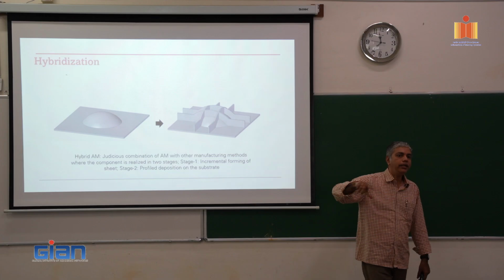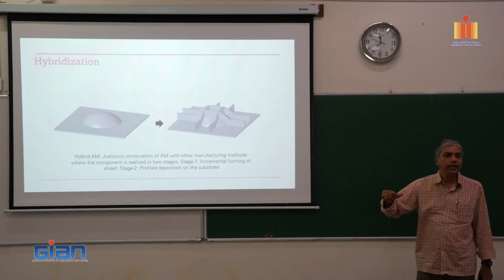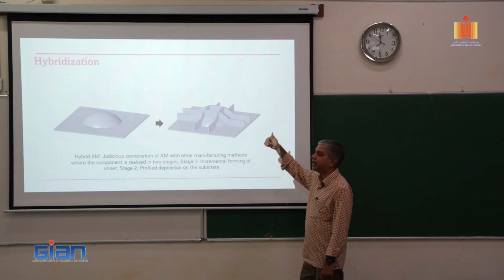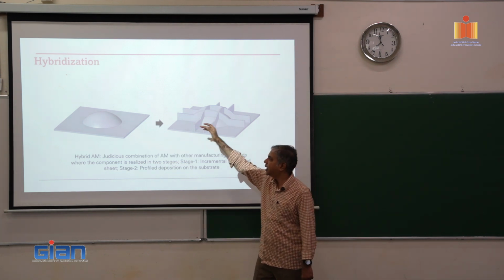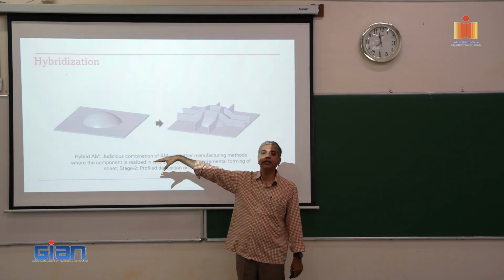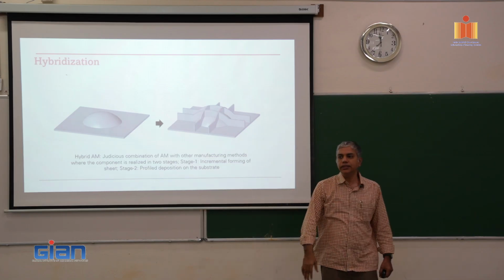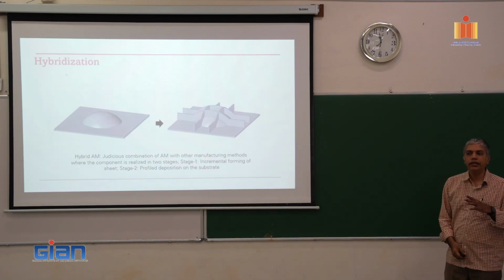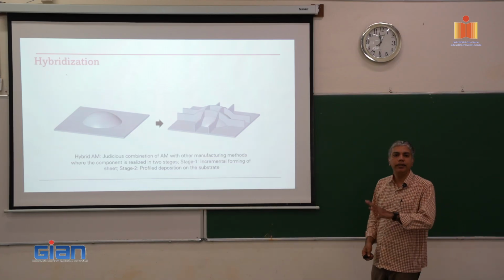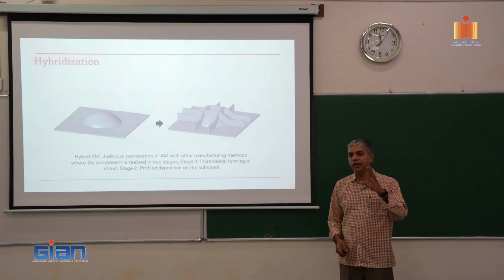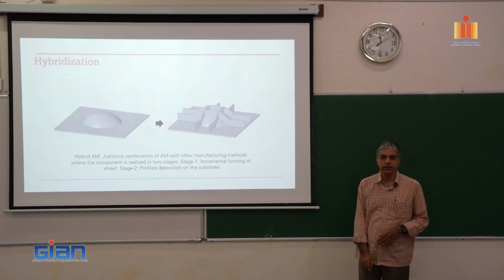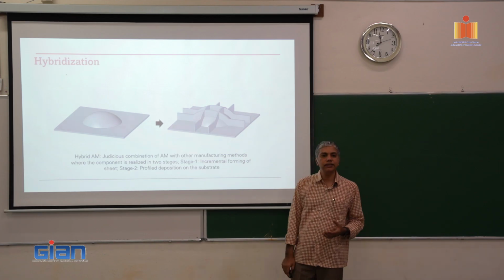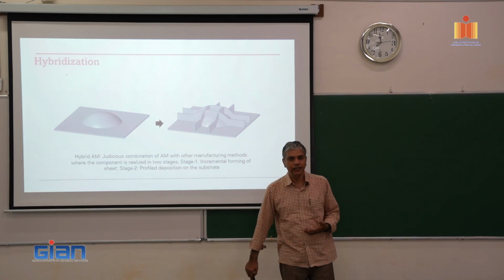By doing a hybrid combination of these, I am able to get a better finish and final object. Also, I am able to reduce the material wastage involved in the process. So this is one such example where you can get better material usage and reduce the material wastage by hybridizing two processes.